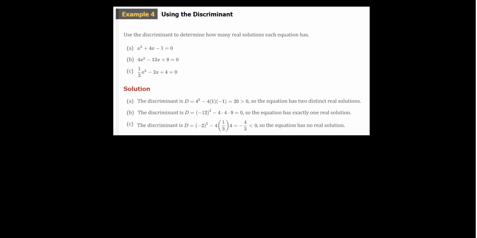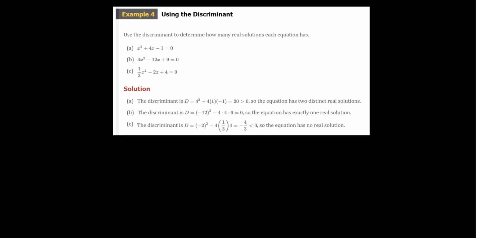So it's b squared minus 4ac: 4 squared, minus 4 times a, which is 1, times c, which is negative 1. We're just plugging in. It's equal to 20, which is greater than 0, so we have two real solutions.